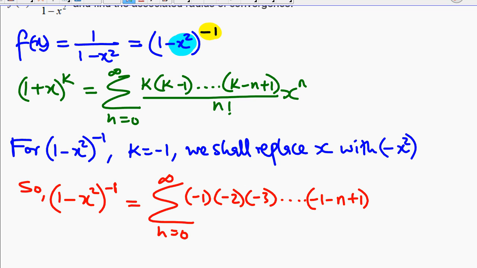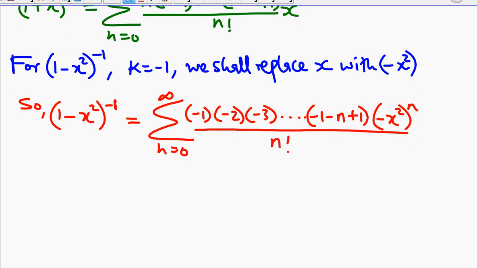And we replace x with negative x squared, to the power n, all this over n factorial. So let's simplify this and see what happens.